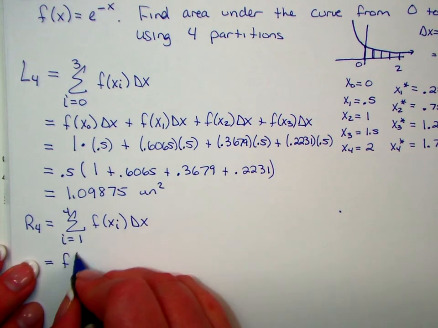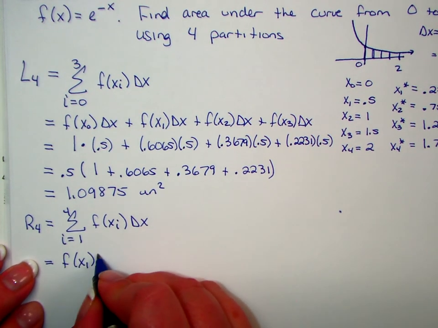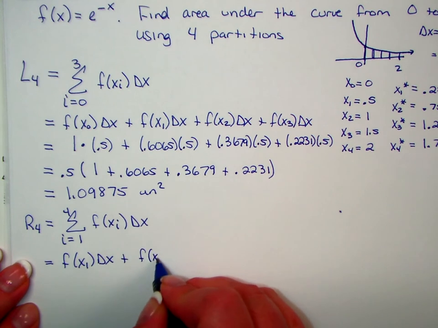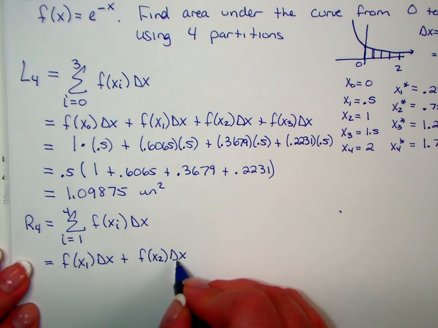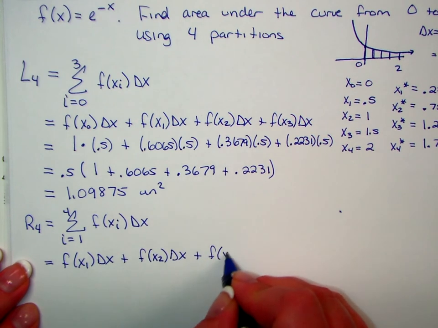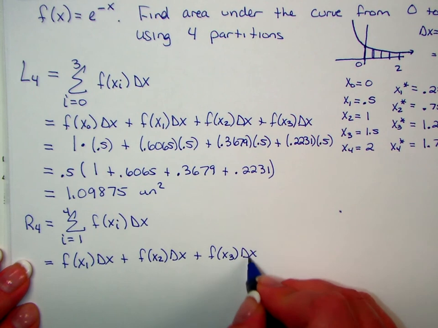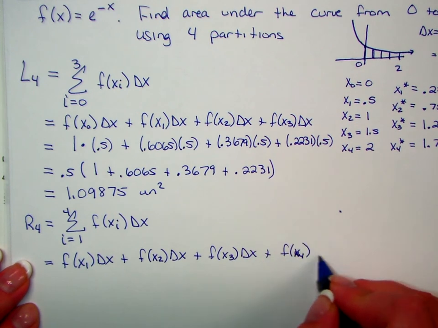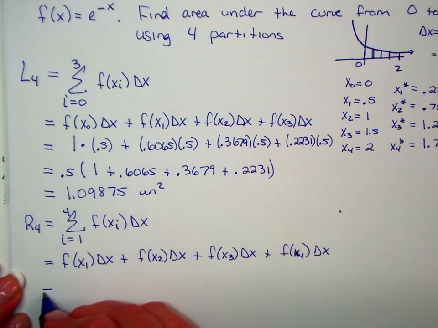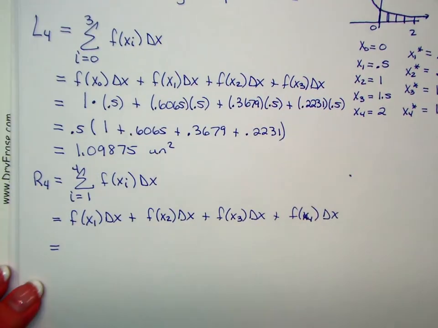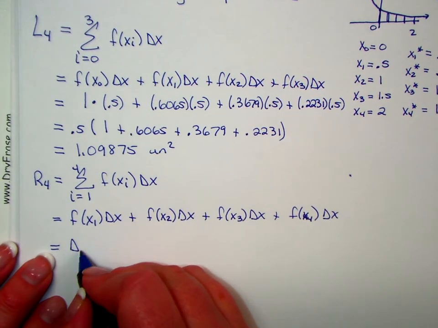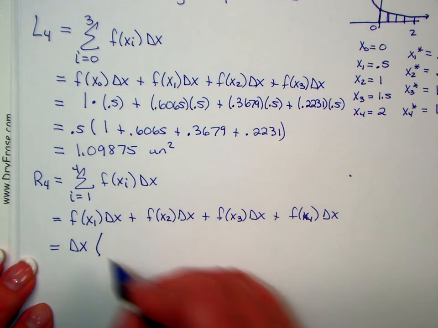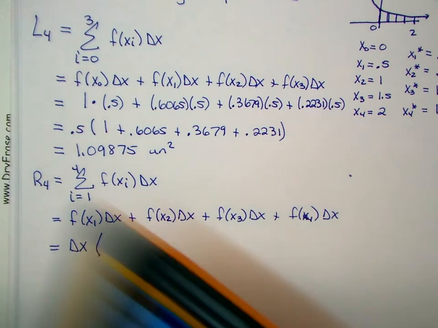Right, so f of x sub 1 times delta x plus f of x sub 2 times delta x plus f of x sub 3 times delta x plus f of x sub 4 times delta x. All right, I am going to go ahead and factor out that delta x, which is 0.5, right?